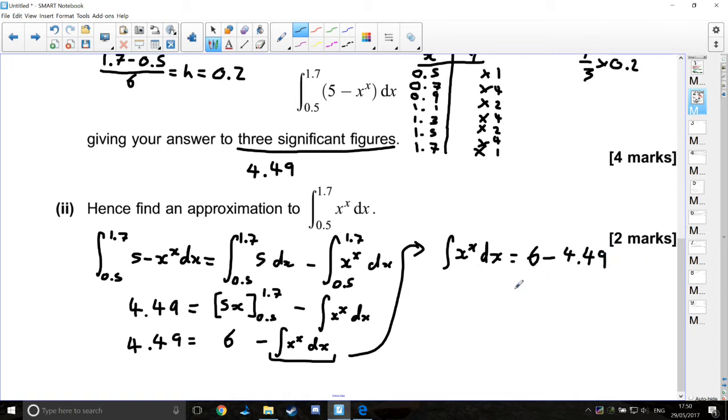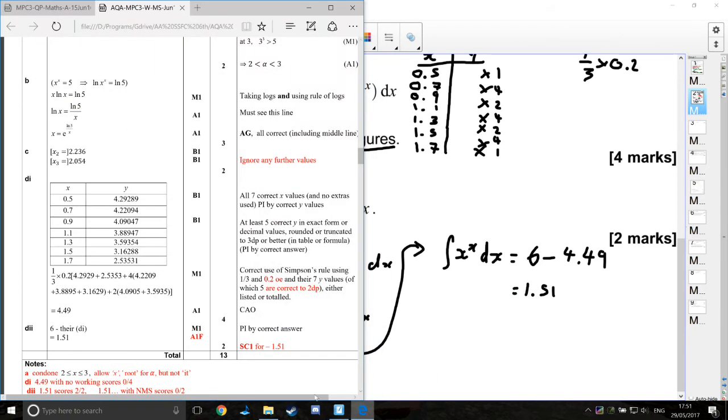And we get an answer of 1.51, which is what the mark scheme was after.